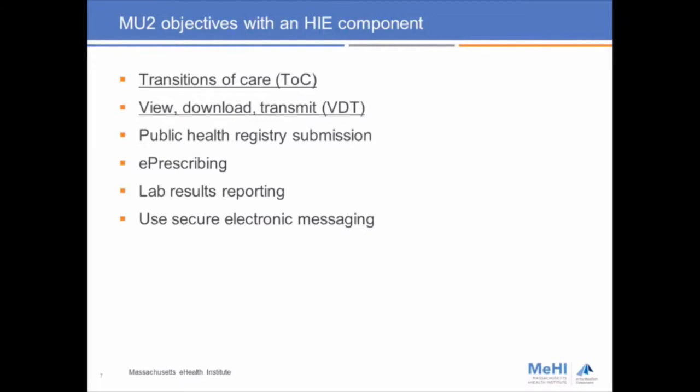But the two that we're going to focus on are transitions of care, which is also known as the summary of care, and view, download, transmit, which is patient electronic access, more commonly considered the portal. And then Sean will spend a little bit of time introducing us to the health registry submission. The last three we're not going to address at this point: e-prescribing, lab results, secure electronic messaging.